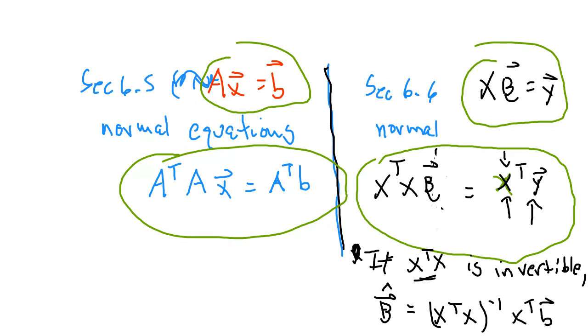Okay. So, like for instance, for X transpose X to be invertible, this means that the columns of X are linearly independent.